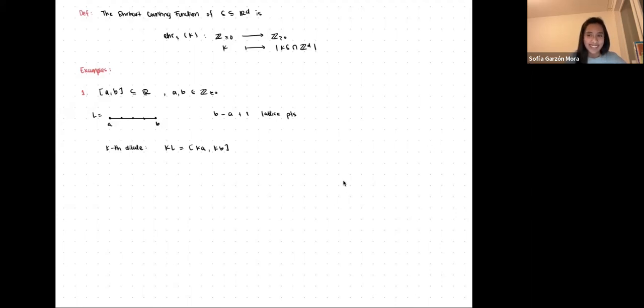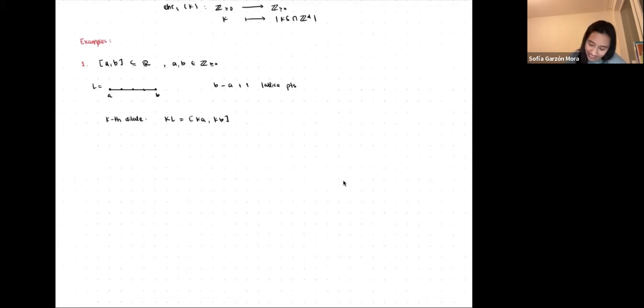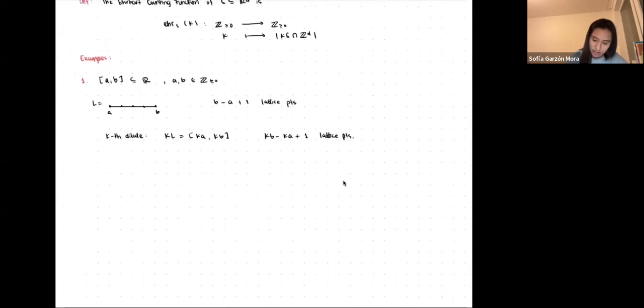Same thing, but with a and b. Okay, I know online talks are hard. So we have kb minus ka plus 1 lattice points, right? Okay. So then I'm going to leave this here.